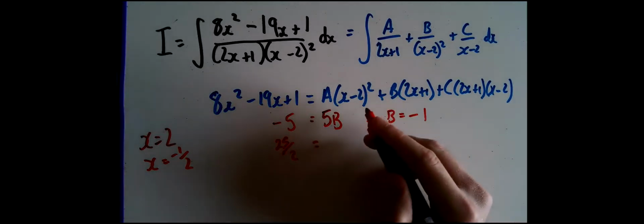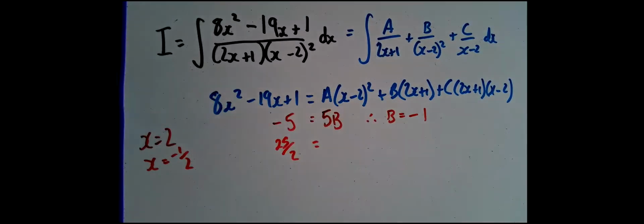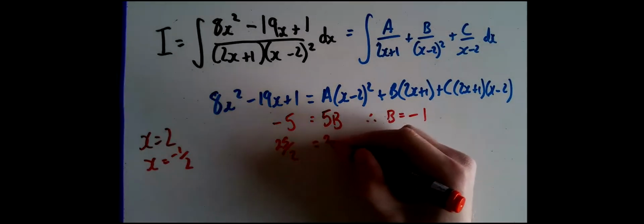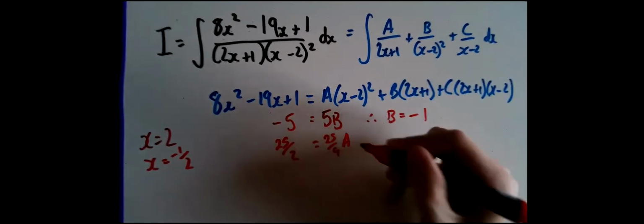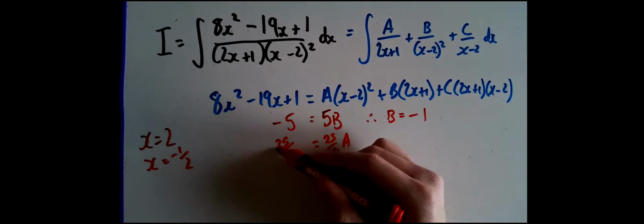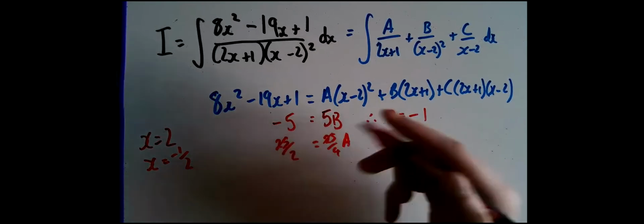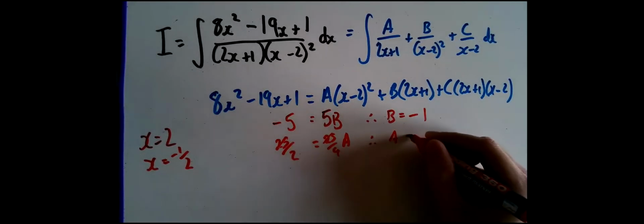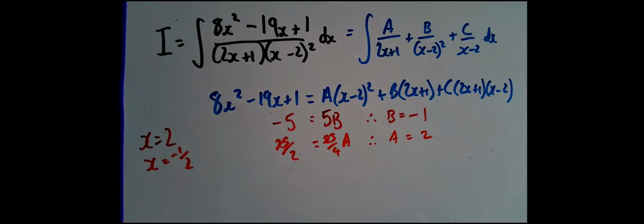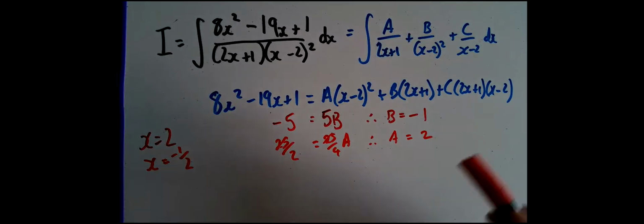So if I put minus a half into there, so minus 0.5, take away 2 squared, gives me 25 over 4 times a. Well, I can cancel out the 25s and times it by 4. So a equals 2. Okay, so that gives me these two.